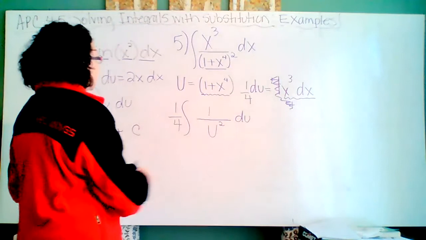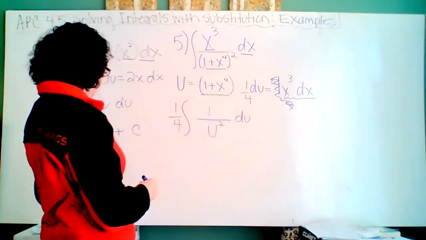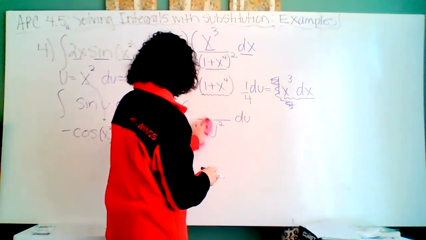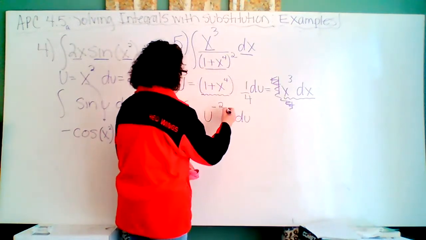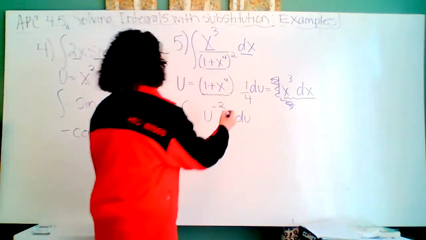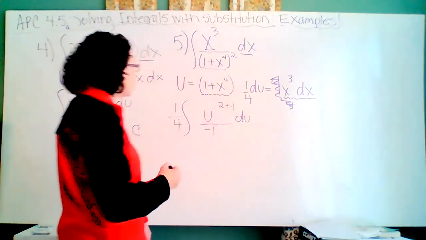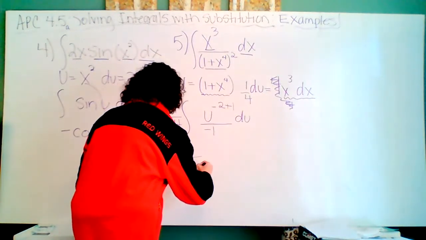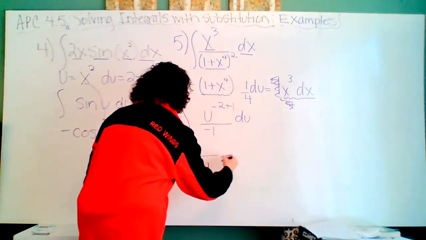Okay, did I do a perfect substitution? I sure did. I took care of everything. Okay, I know how to integrate this. If it's okay with you though, 1 over u squared, I'm going to call that u to the -2. I'm going to add 1 to the exponent and divide by the new exponent. So my integration is a -1/4 u to the -1 plus c.